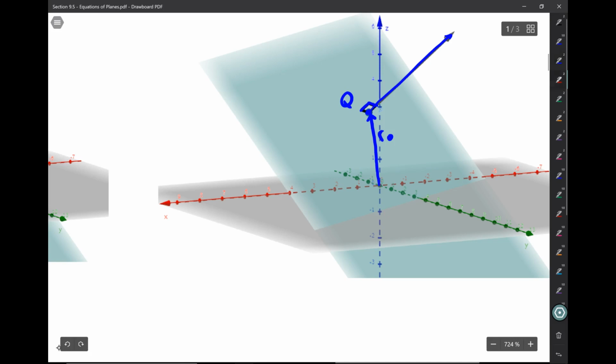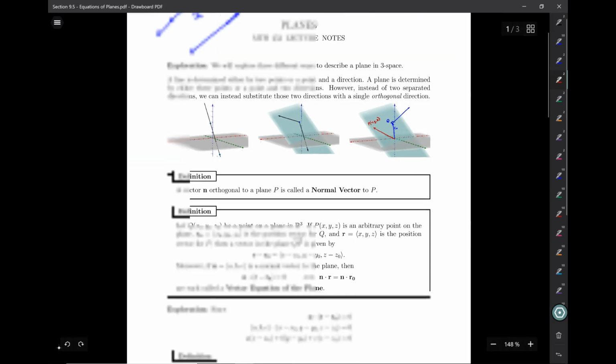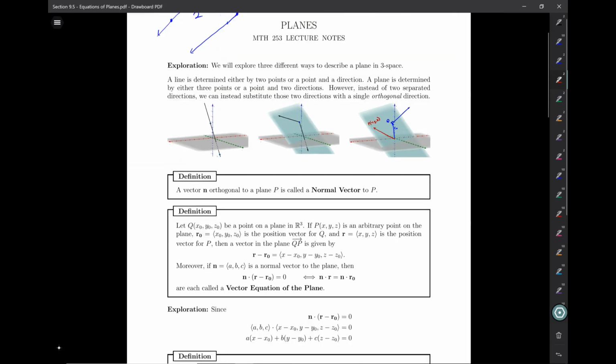And let's say we have some other point. Let's say this is P, which has coordinates x, y, z, and r, we're going to call that the position vector for P. Then a vector in the plane, which we can call QP, is given by r minus r naught.